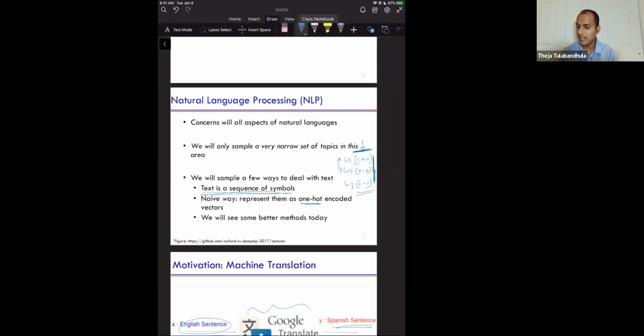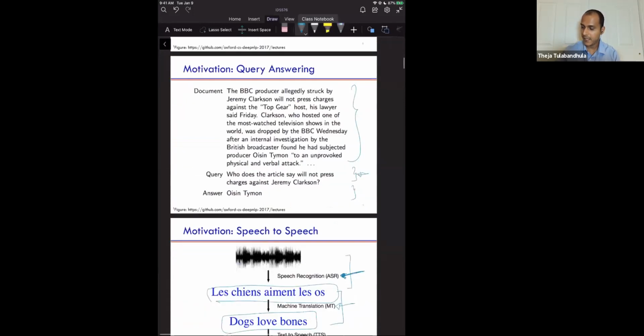They're all linearly independent of each other in terms of linear algebra, so there is no word-to-word relationship captured in this representation.